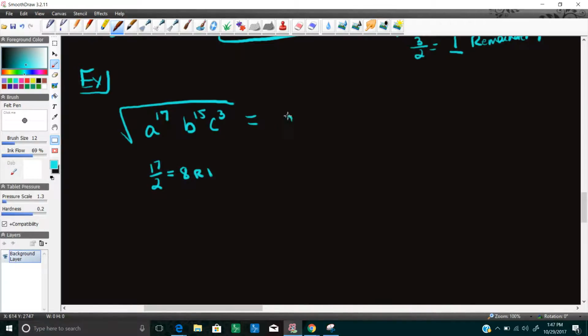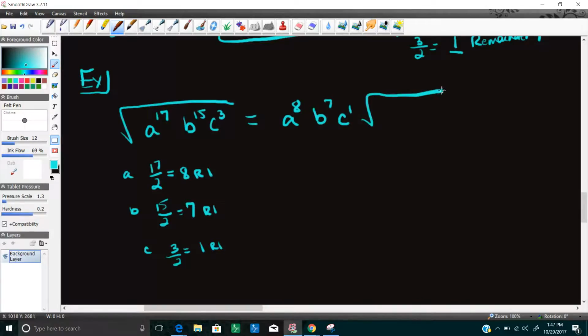So for the a, I'm going to have 8 of them on the outside. For b, I have 15 divided by 2. 15 divided by 2 is 7, with a remainder of 1. So I'm going to have 7 b's. And finally, for my c, 3 divided by 2 is 1, remainder 1. So I only have 1 c on the outside.